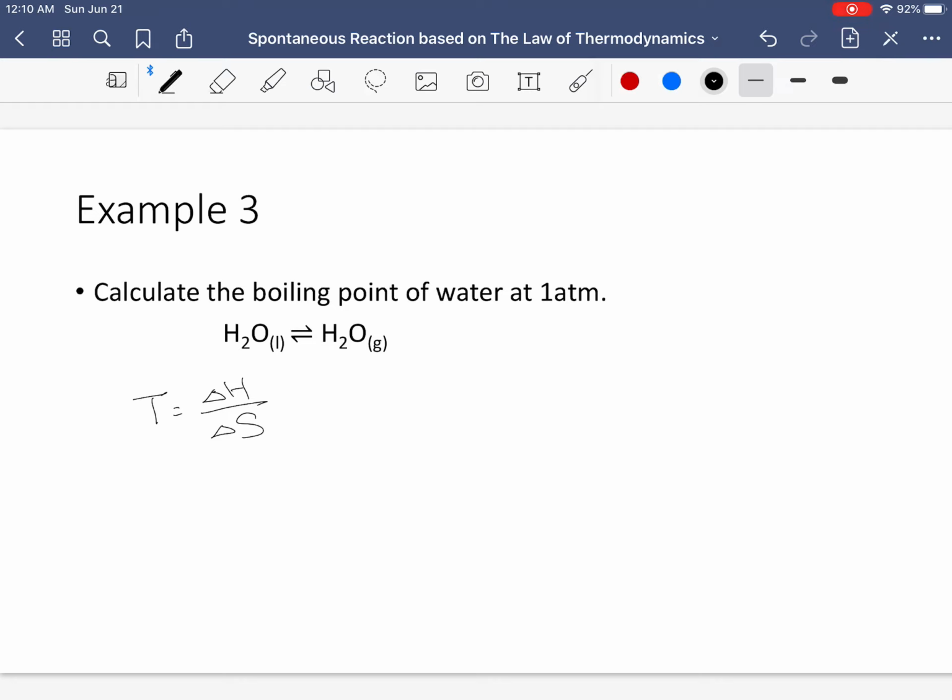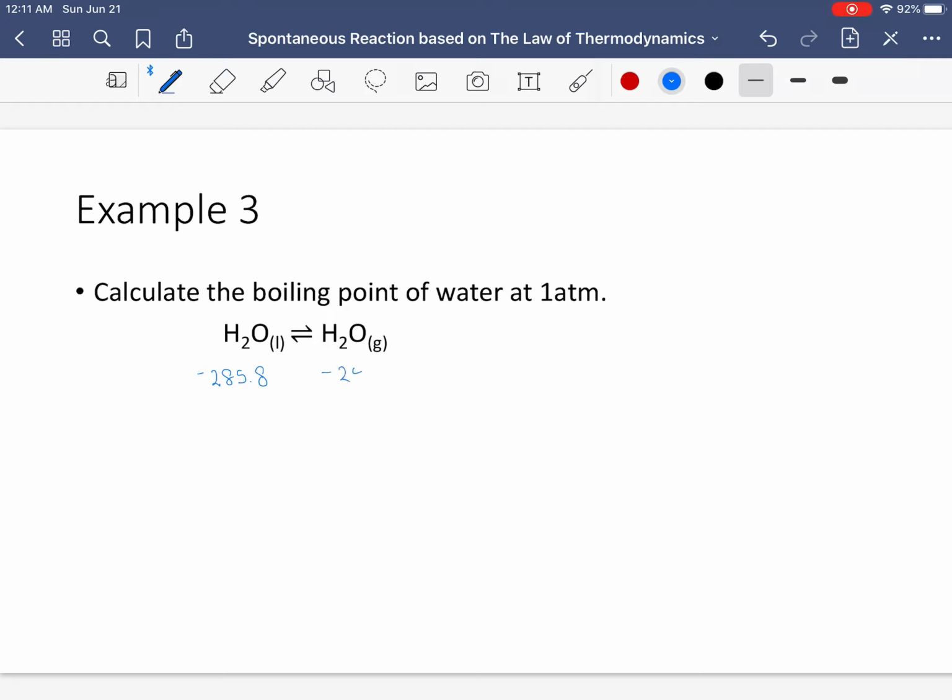Let's take a look at some values. Now let me erase this for now. Okay, let me put in some values. So let's do blue for delta H, red for delta S. So for delta H, liquid water, remember it was negative 285.8.